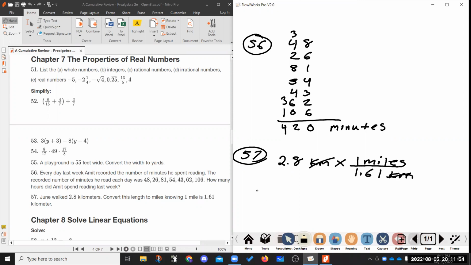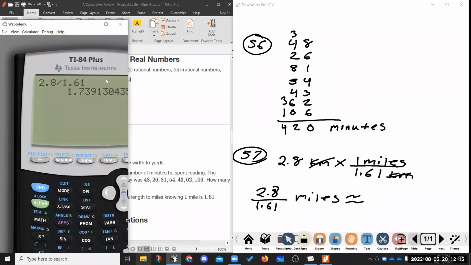So we're going to take 2.8 and divide it by 1.61 to get our answer. And we're going to approximate this with our calculator because it's not going to come out exactly. So make sure you use an approximately equal to sign.